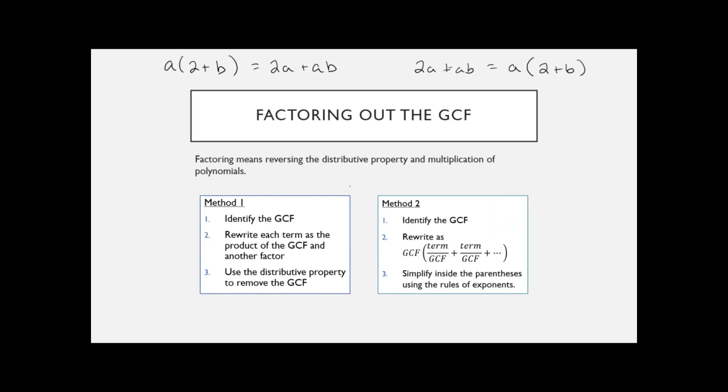That's where you're undoing the FOIL process. When you're factoring out the greatest common factor, you're just undoing the distributive property. So you're going to have something in front and then everything else in parentheses. As I said, there's two methods. Method 1 is what the book uses, and method 2 is my method.